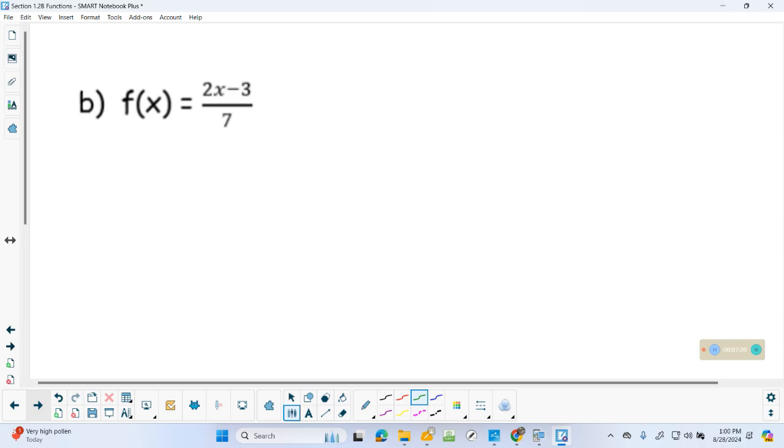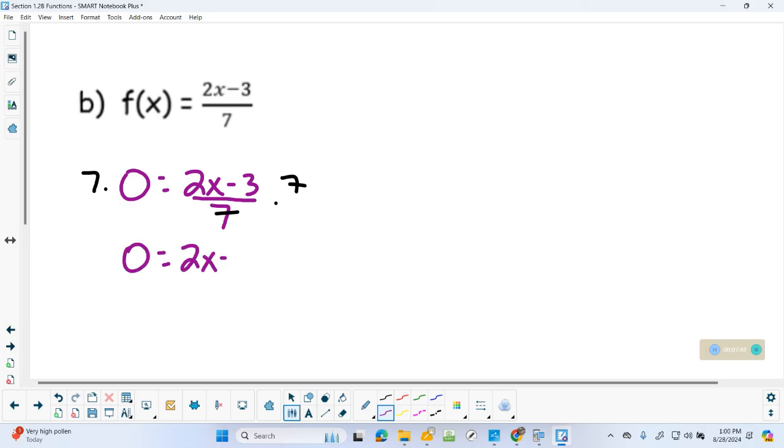All right, B, same thing, just a fraction. So again, f of x is 0. You are solving for x. Now, obviously, we need to get rid of the fraction. Nobody likes over 7. Let's multiply by 7, of course. 7 times 0, still 0. So one thing to think about: I honestly probably wouldn't have even done the times 7 step.